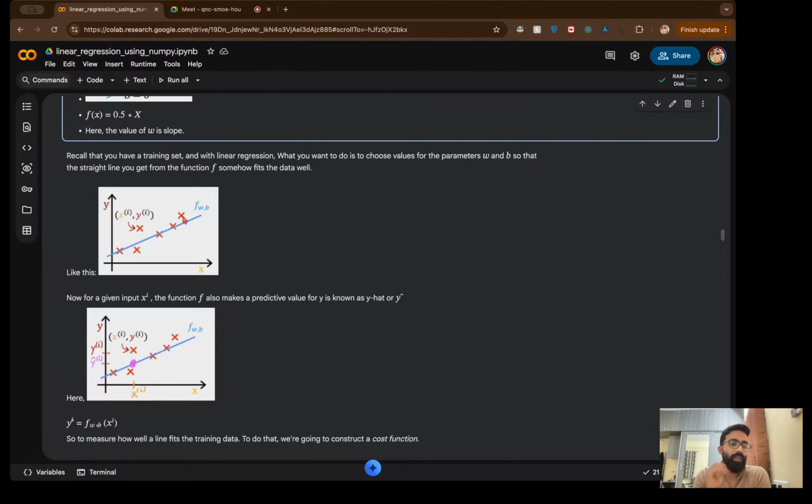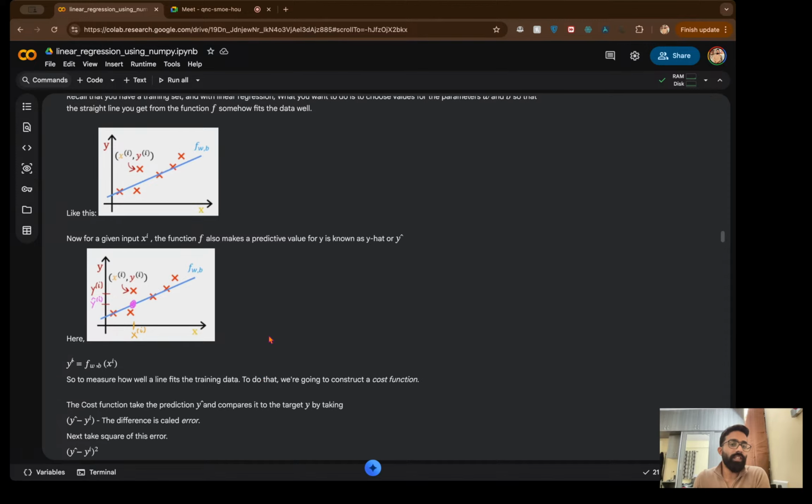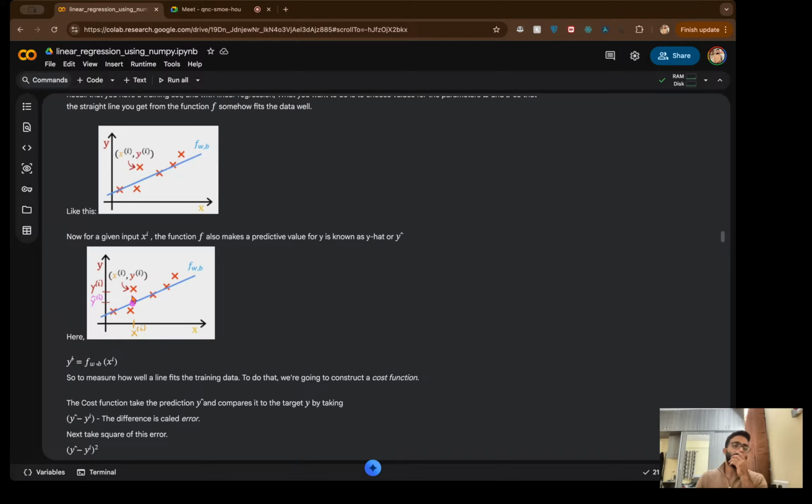How are we going to know how well it is fitting the data? Now for a given input xi, let's say this one, the function f also makes a predicted value of y, that is y hat. Let's say this is the data point xi and yi. So for the xi, the actual value is yi. Correct?